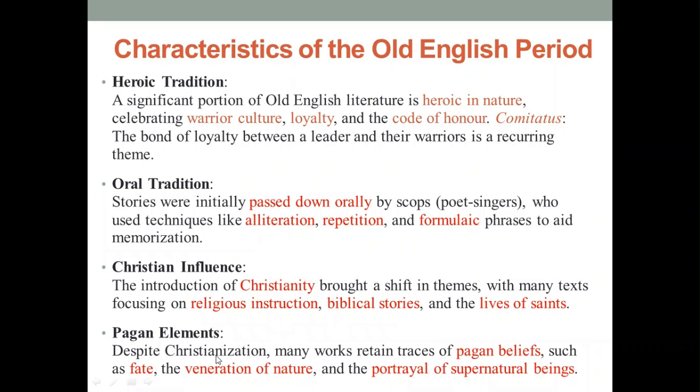Therefore, despite Christianization, many works retain traces of pagan beliefs such as fate, veneration of nature, and portrayal of supernatural beings. They believe in fate, respect nature, and depict supernatural elements in their works. So that is the fourth feature, the pagan element.